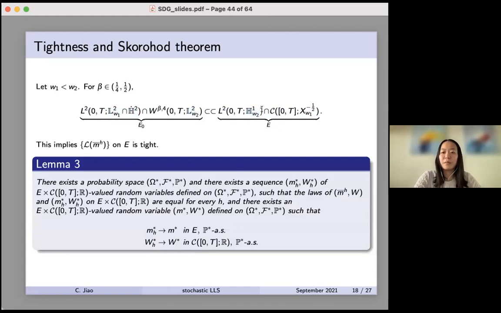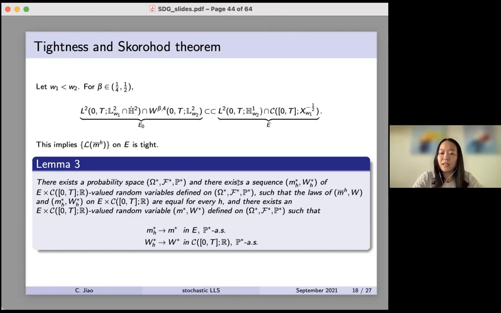Okay, so the compact embedding for the highlighted parts is essentially in a similar form to the Aubin-Lions lemma. With this compact embedding, the laws of the quadratic interpolations M bar on the space E are tight, which means we can make use of Skorokhod's theorem.